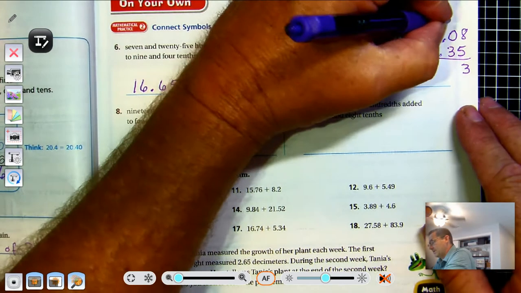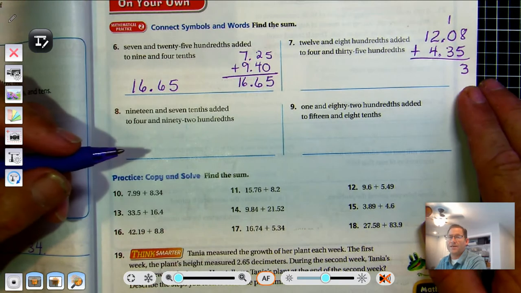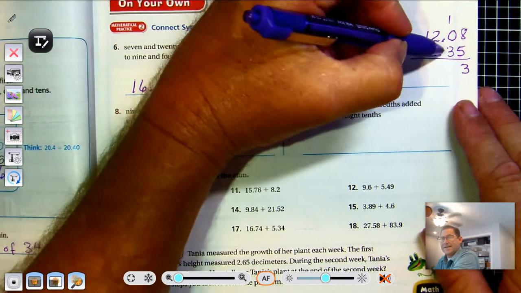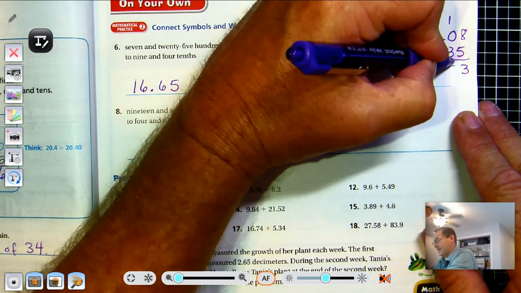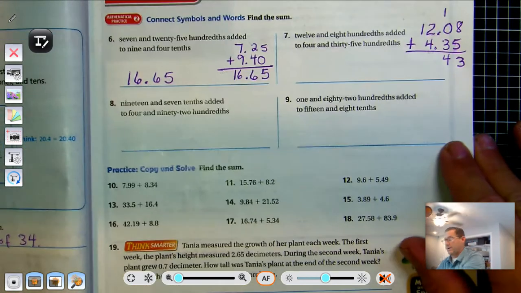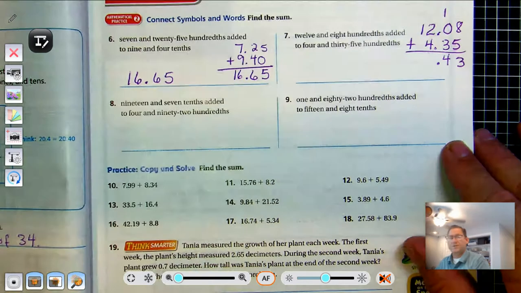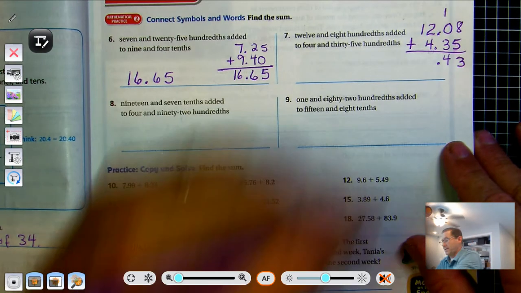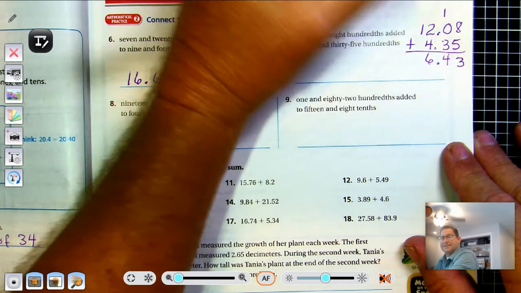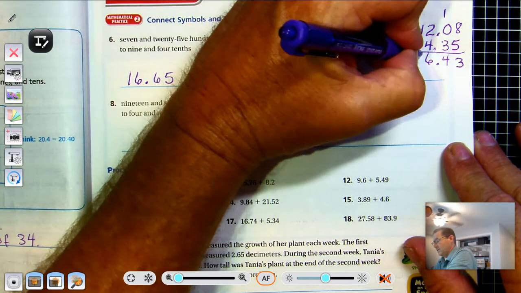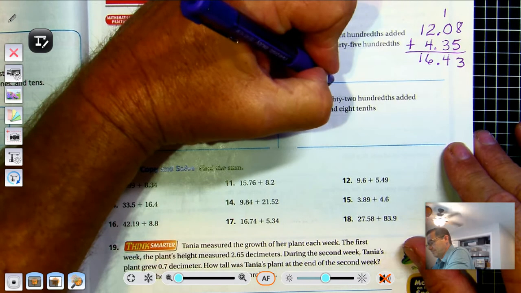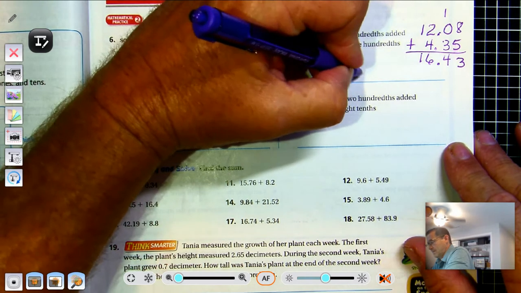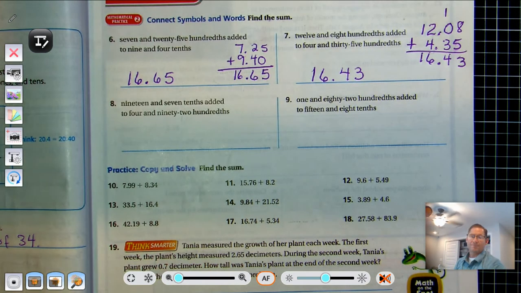We'll regroup that as 1 tenth and 3 hundredths. 3 tenths plus no tenths plus the regrouped tenth. That's 4 tenths. Okay, we're now going to move to the ones, so put your decimal point. 4 and 2 more ones is 6, and the 1 ten plus nothing is 1 ten. So 16.43, or 16 and 43 hundredths.